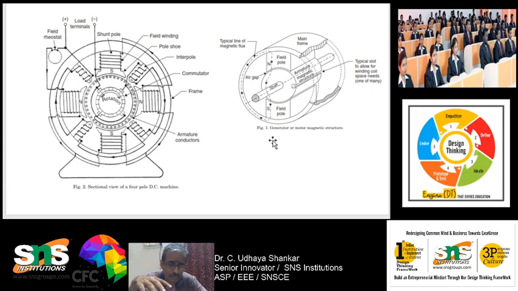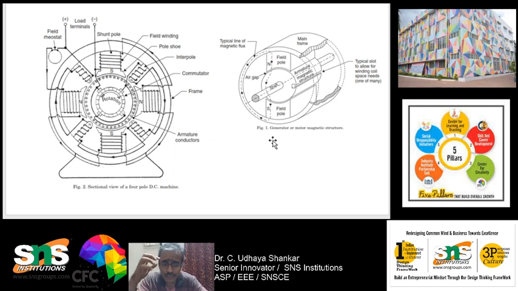In order to improve the efficiency, we have to reduce the eddy current losses inside the armature. It can be reduced by laminating the armature core. How to laminate? You just slice. So it is not a single core.